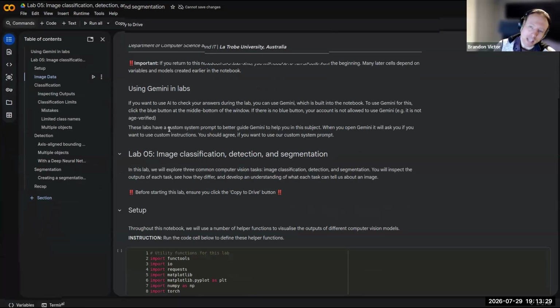So last week we did lab sheet 3 and 4. In lab sheet 3, we were looking at training machine learning models. We're looking at the basic ideas that underlie training all machine learning models.